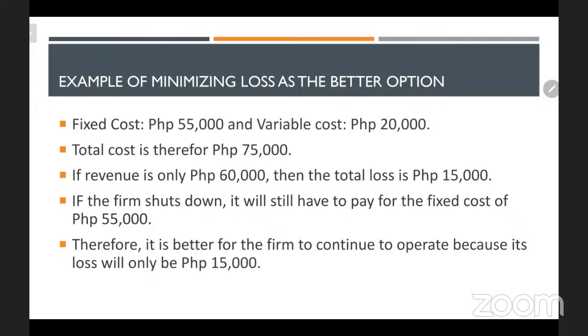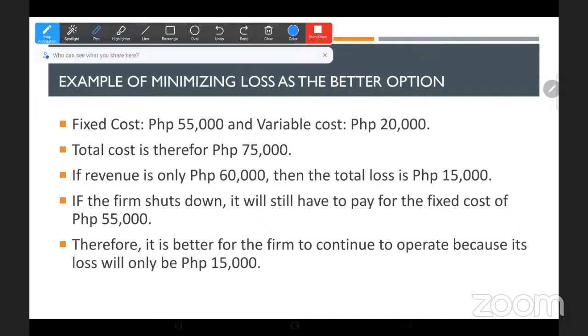So our option here is that the loss is going to be either 15,000 pesos or 55,000. Which is better of the two? Of course, the 15,000. That's the better option, only a 15,000 loss versus 55,000.